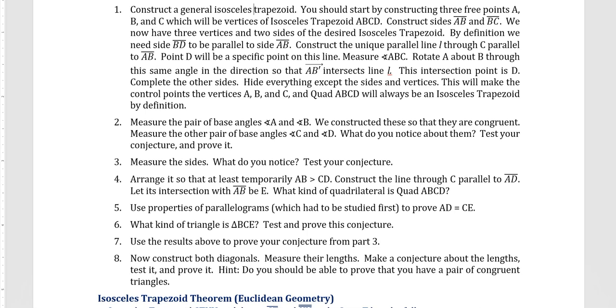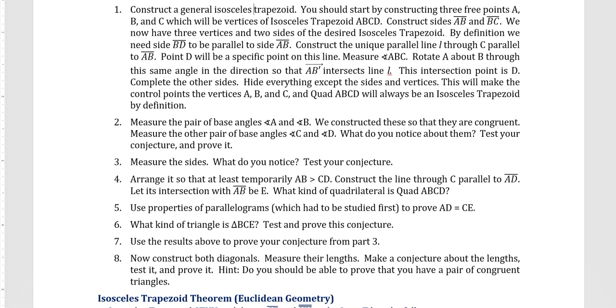Let's call that E. What kind of quadrilateral is quadrilateral AECD? Just test that out, make sure it works. You want to keep AB the longest side for this to not break. It's a parallelogram, right? So use the properties of parallelograms, which again must have been studied first, to prove that AD equals CE. Now, what kind of triangle is triangle BCE?